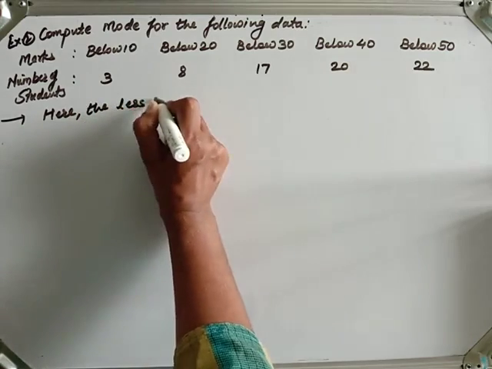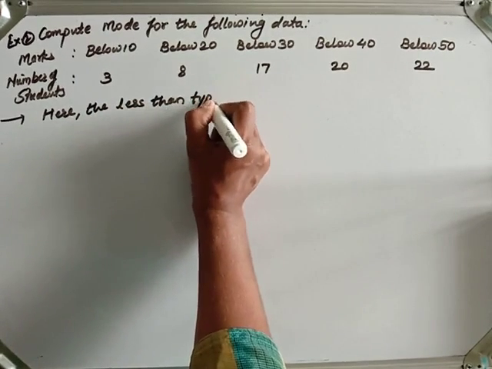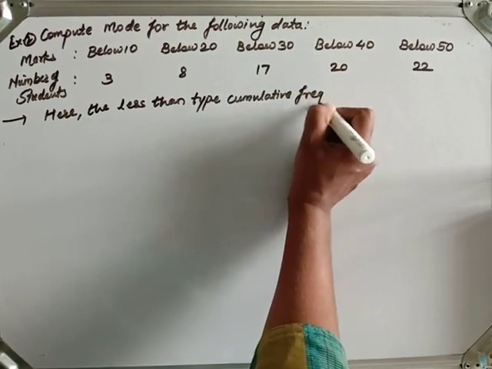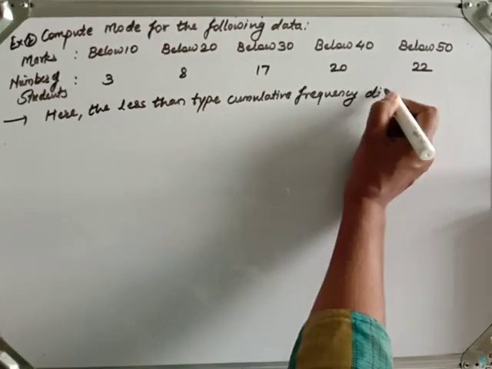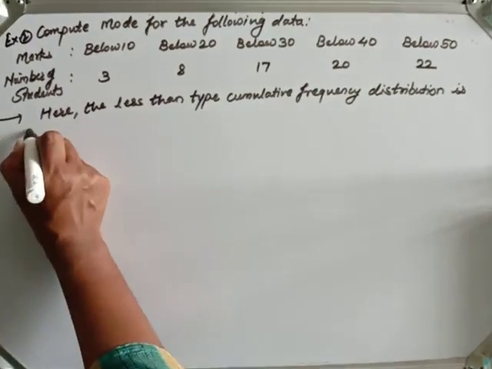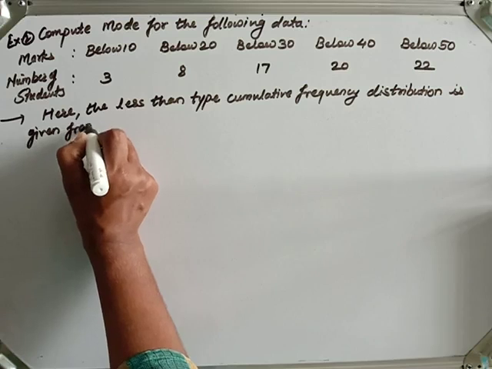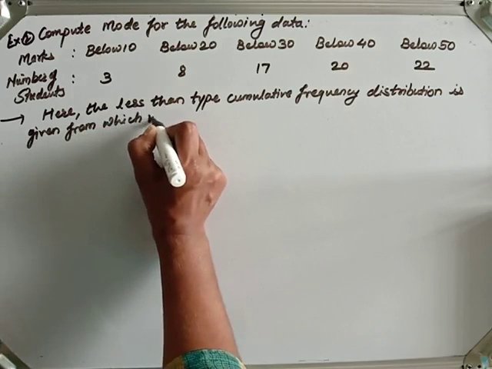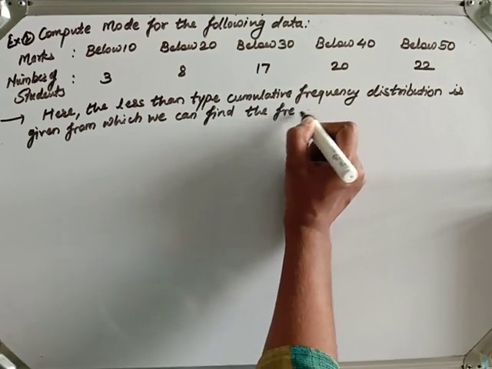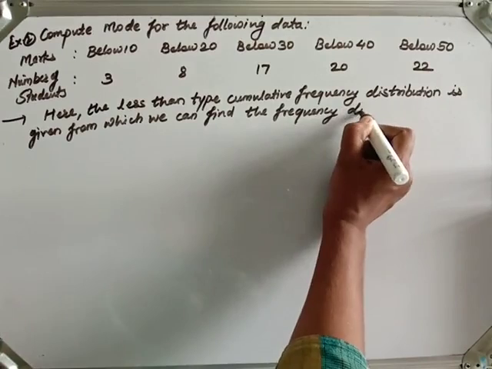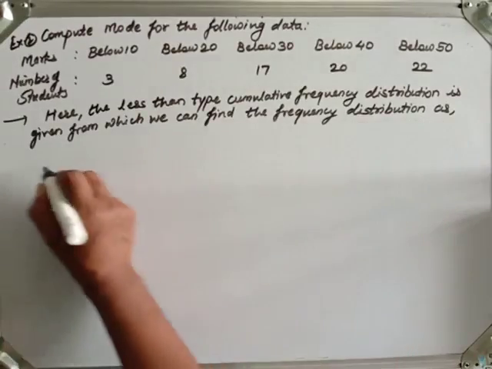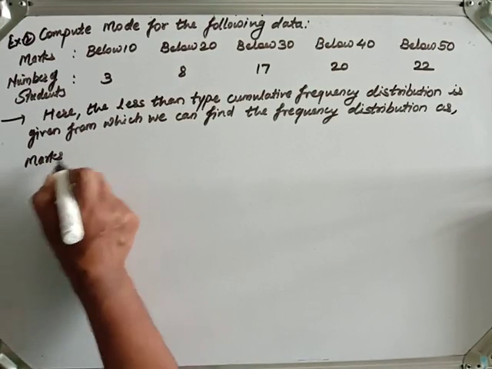Here the less than type cumulative frequency distribution is given, from which we can find the frequency distribution as.